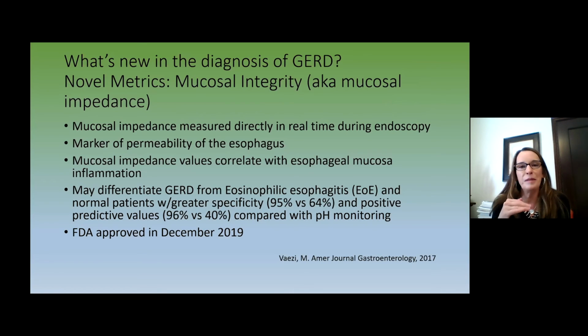And increased permeability correlates with mucosal inflammation. And what's really exciting about this tool is that it's able to distinguish between reflux, eosinophilic esophagitis, and normal patients. And so it may have a really important place in diagnosing. Jury's still out right now, but it looks like this might be a novel technique that we're going to see more of in the future.